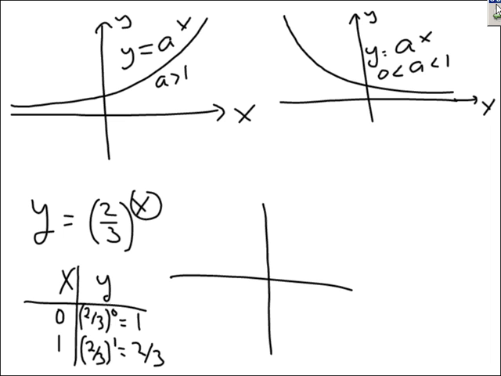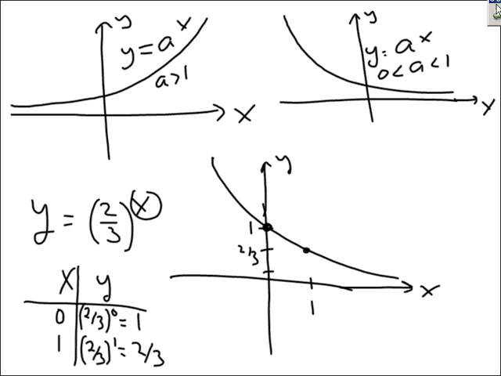And that the graph looks like one of the 2 on top. When x is 0, I go up 1. When x is 1, I only go up 2/3. That's this type of graph. Like I said, a, the base, 2/3, is less than 1.